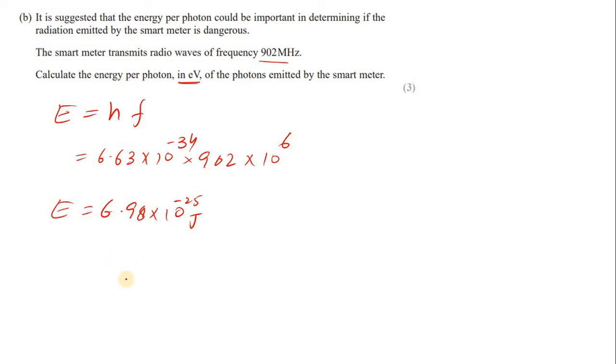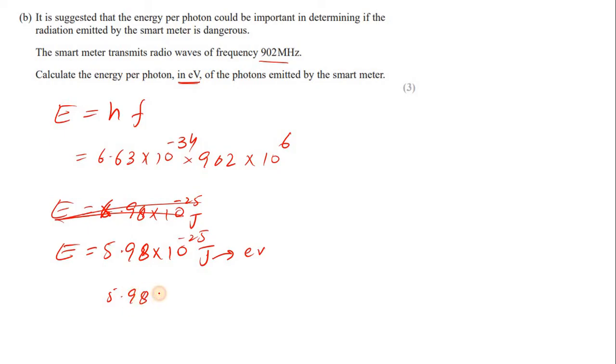I guess this is not 6, this is 5. So energy is 5.98 into 10 to the power minus 25 joule, and this joule needs to be converted into electron volt. So 5.98 times 10 to the power minus 25 divided by 1.6 times 10 to the power minus 19.